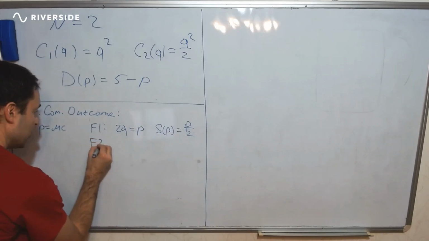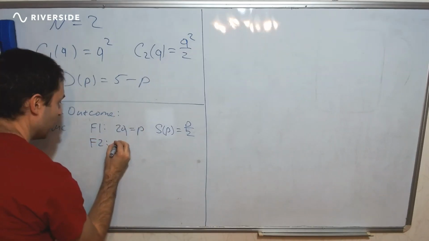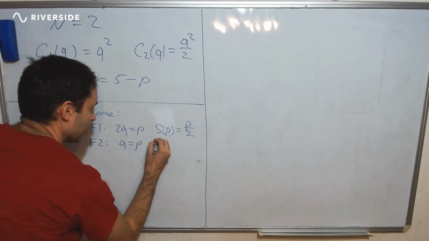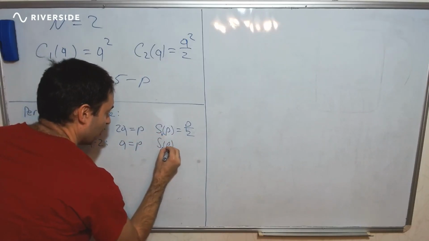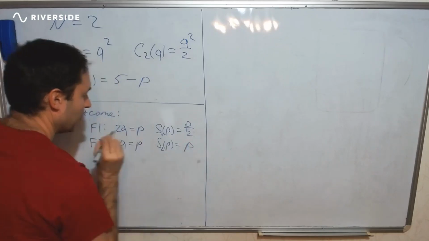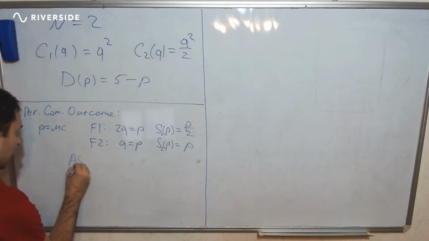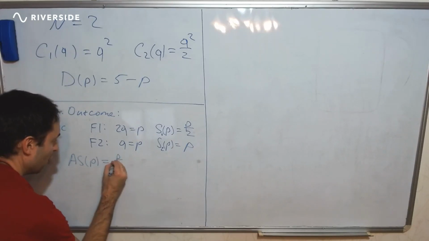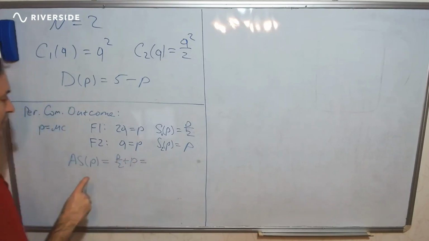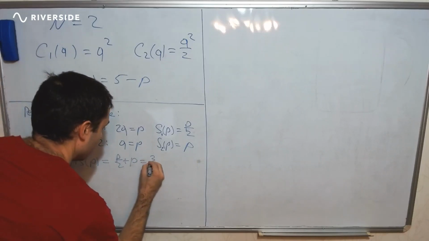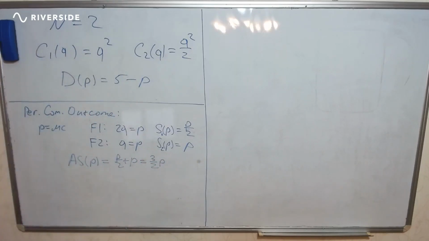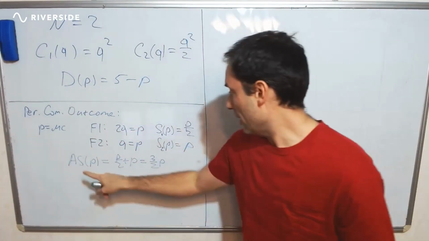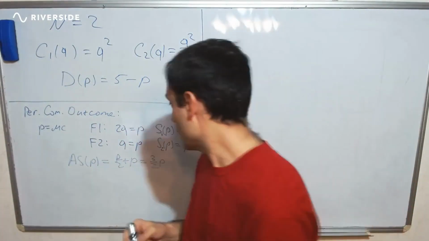For firm 2, symmetrically, marginal cost will be just Q equals price, therefore its supply curve will be just P. So aggregate supply for the two firms is P over 2 plus P, which is 3 over 2 P. Now we have a supply and a demand function, so we just intersect those.